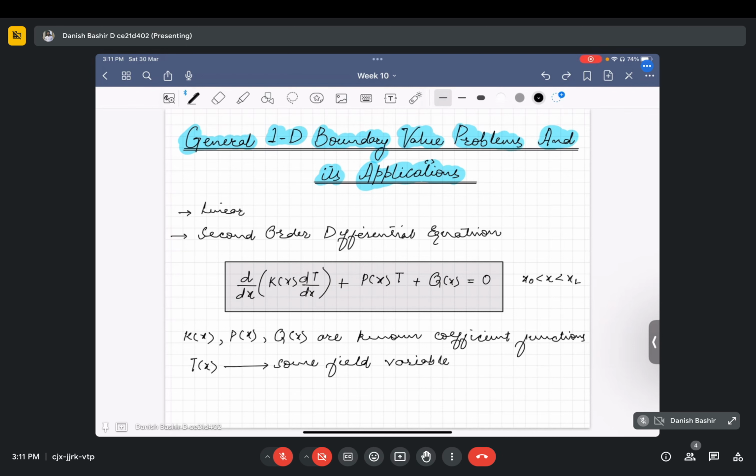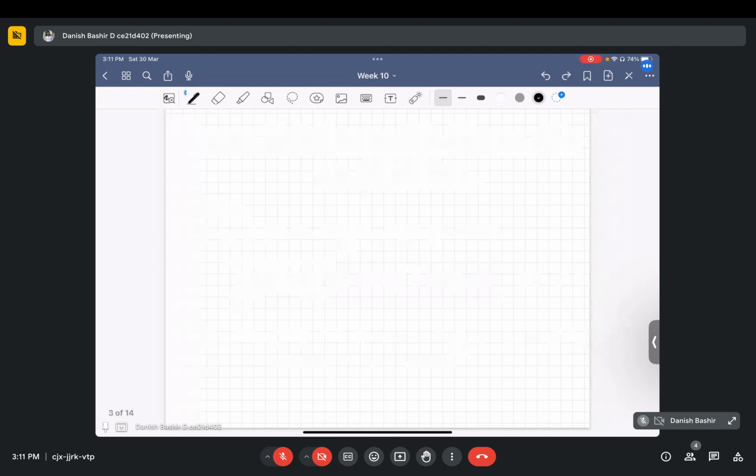So this boundary value problem will be having some appropriate boundary conditions as well. For example, if its boundary conditions are specified like this, we can have boundary conditions at x equal to x naught, where our field variable is given as T equal to T naught at x equal to x naught.